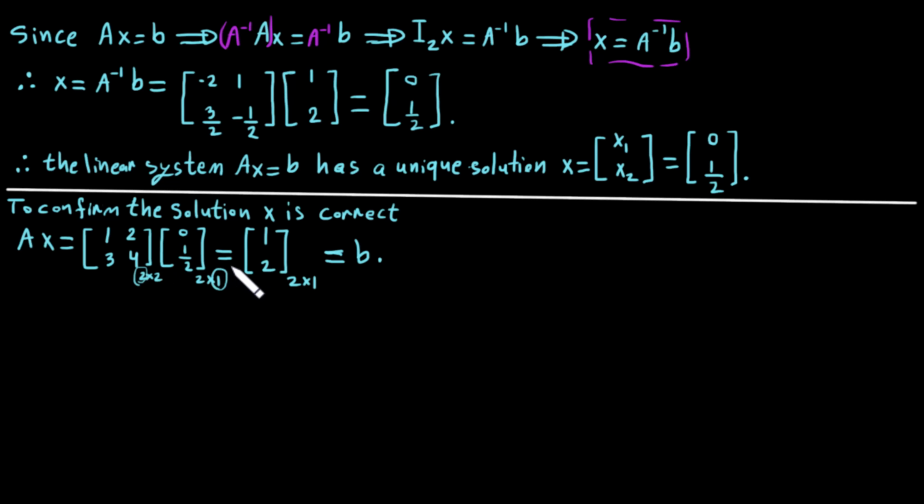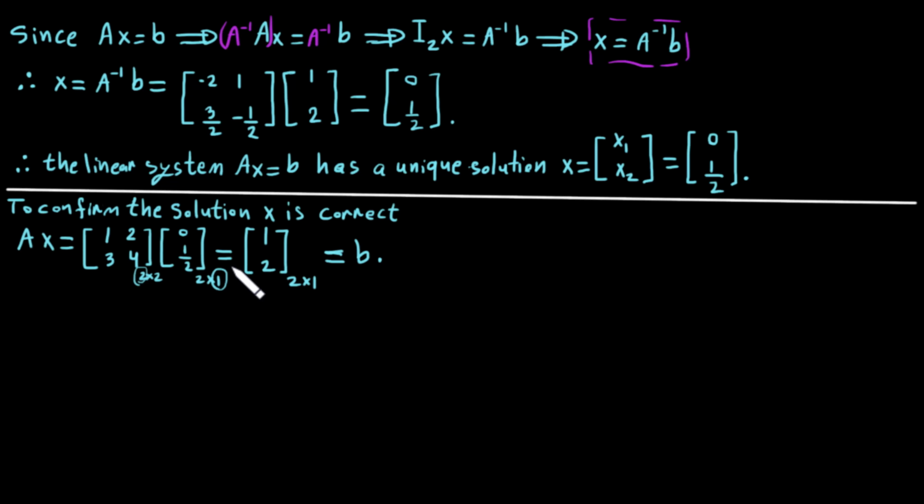This is how we confirm the solution is correct. That's it. In future videos we will do more about the inverse of a matrix and its application to solve a linear system. Also we will use the inverse of a matrix to solve more than one system.